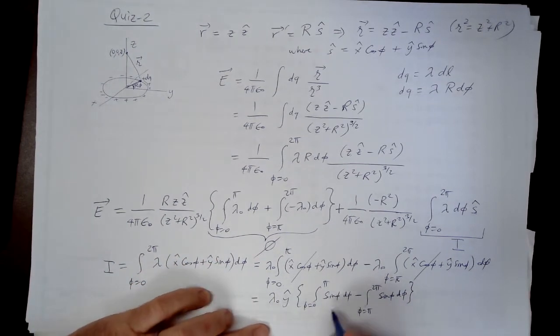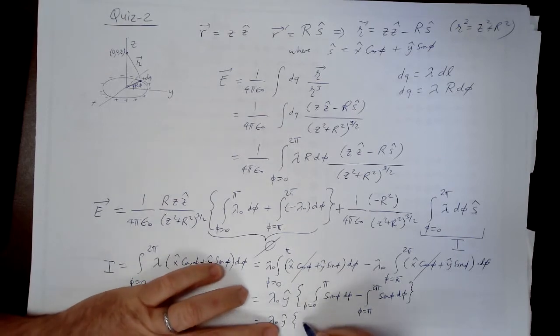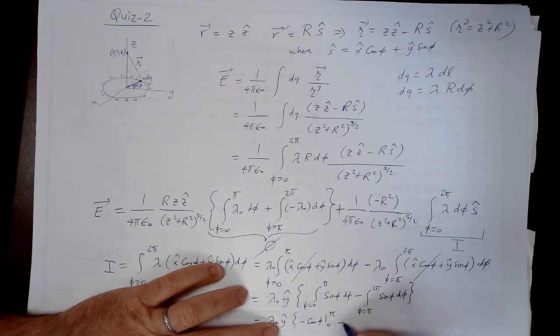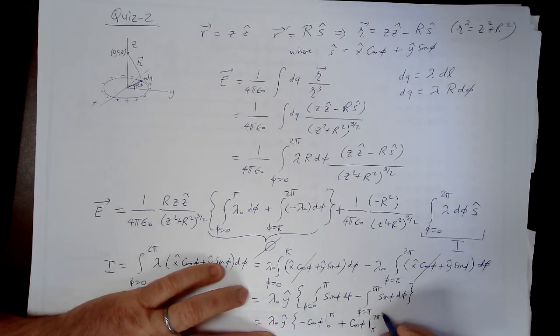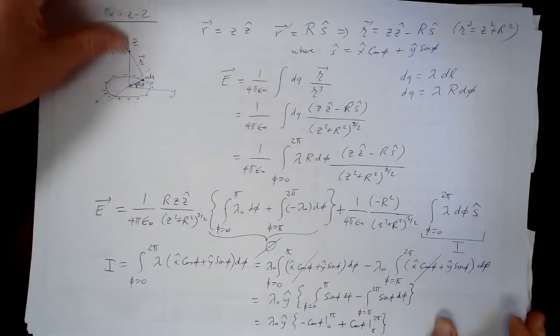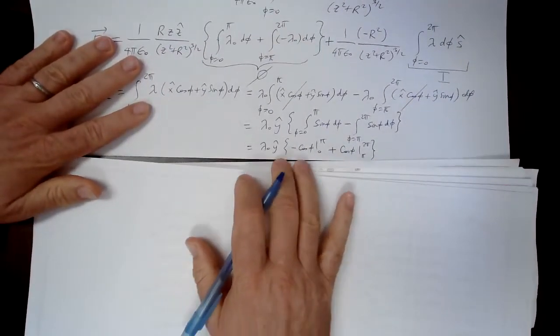So this is lambda naught y hat, negative cosine phi evaluated 0 to pi, and there's another negative, so that's plus cosine phi evaluated at pi and 2 pi, right? So let's write it out.